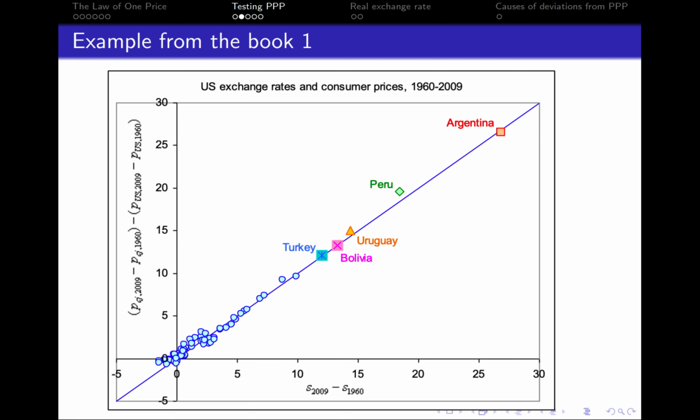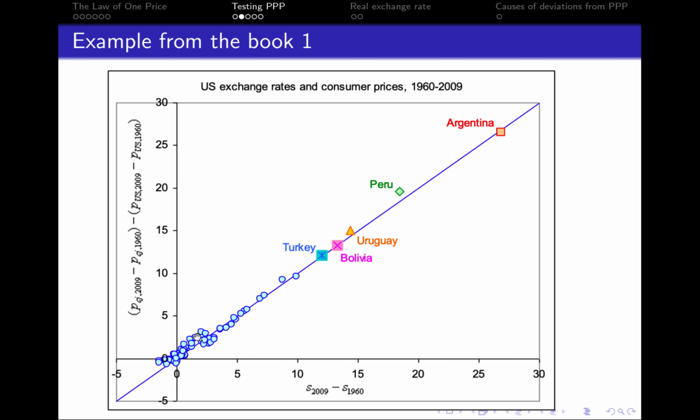So here we have this relative change in exchange rates and relative changes in price levels. So the inflation in some country J minus inflation in United States, and look, we are getting a straight line going basically through the origin.